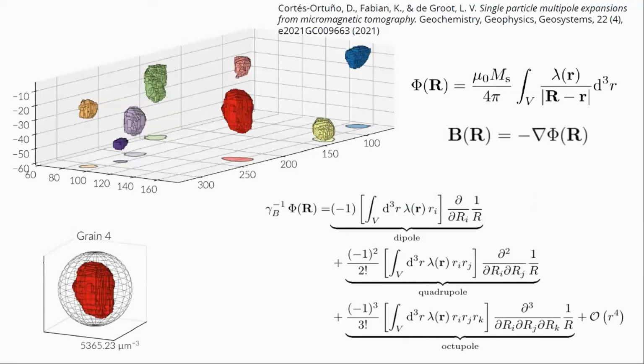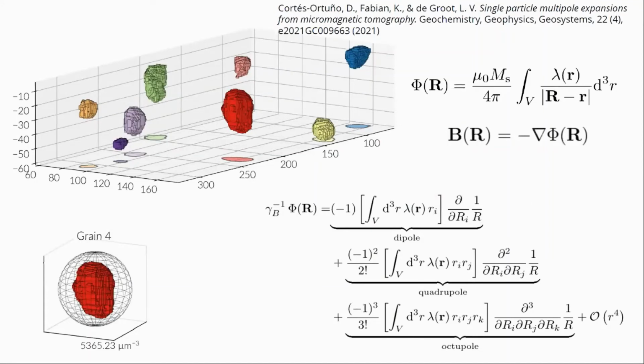We have two different methods to do this. One is to assume that all of the grains only have a dipole signal, that they are uniformly magnetized.